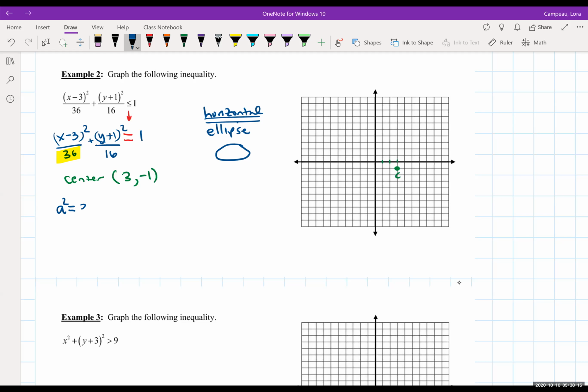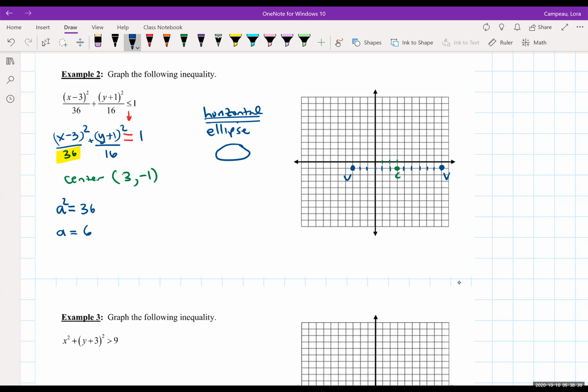So a squared is 36, which means a will be 6. So I'm going to count 6 units out from the center, left and right. 1, 2, 3, 4, 5, 6. There's one vertex. And one more. 1, 2, 3, 4, 5, 6. There's another vertex.